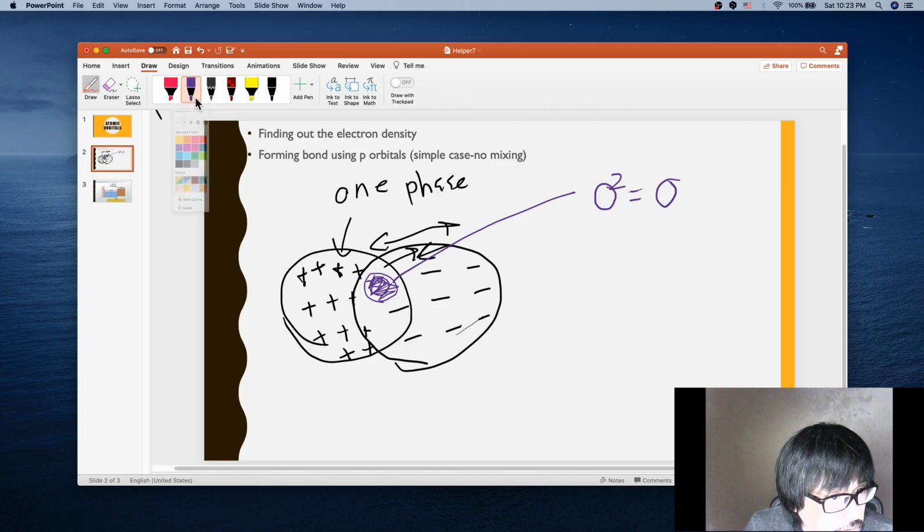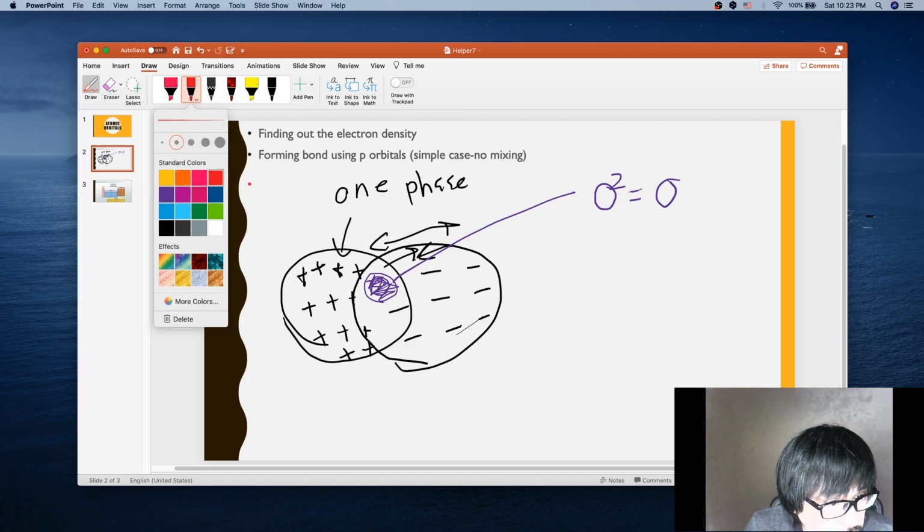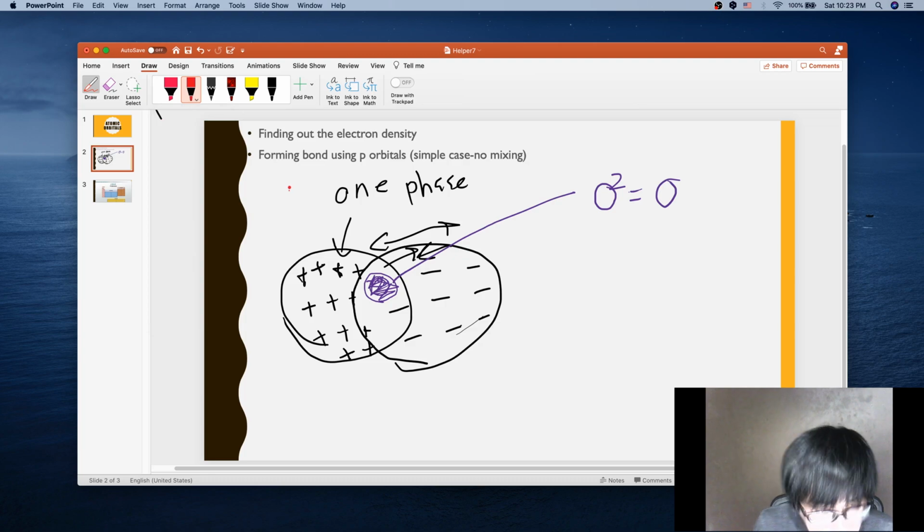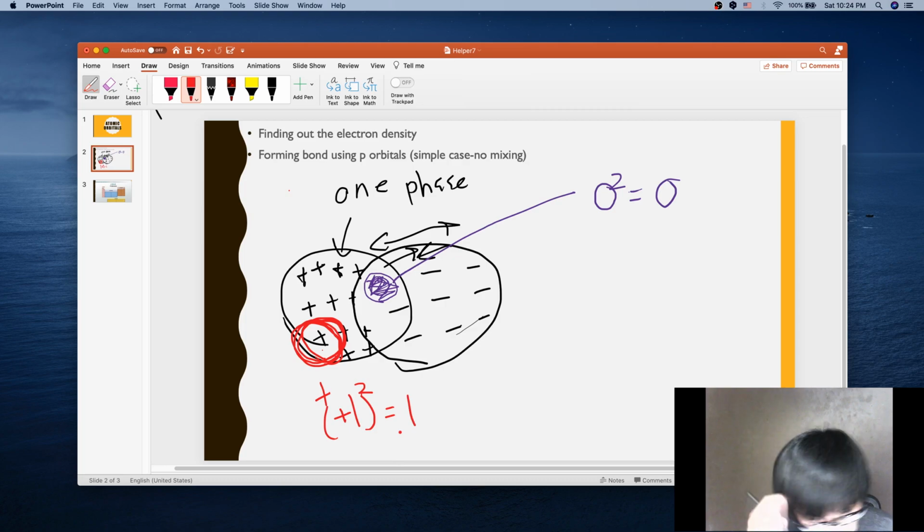Let's try to find the electron density from another place. Somewhere around here, inside of this red circle, I have one positive sign, right? So positive 1 squared is going to be positive 1. That's the electron density around that spot.